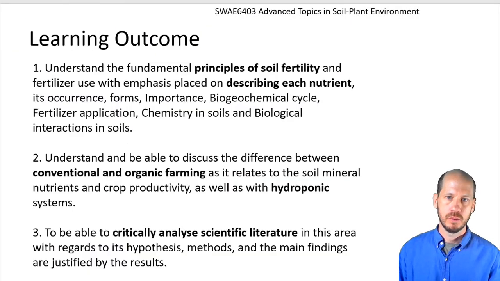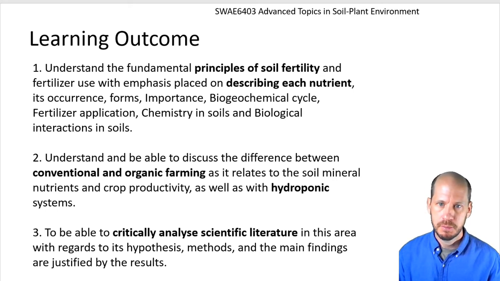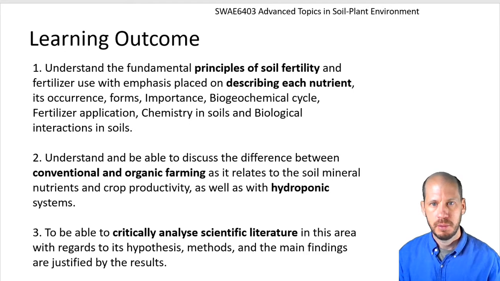So what do I expect you to learn from this course? On the theory side, it is about the principles of soil fertility, all the factors related to soil that affect plant growth, and how we can manage them and create the best possible environment for plant growth.